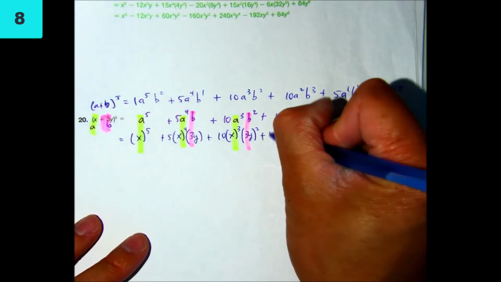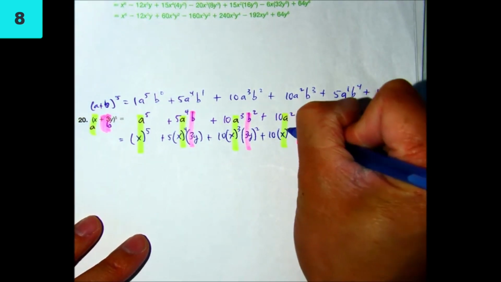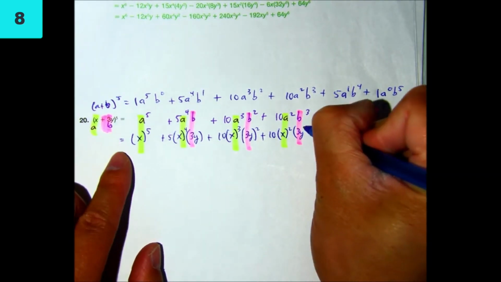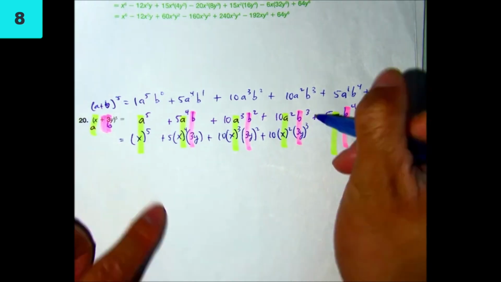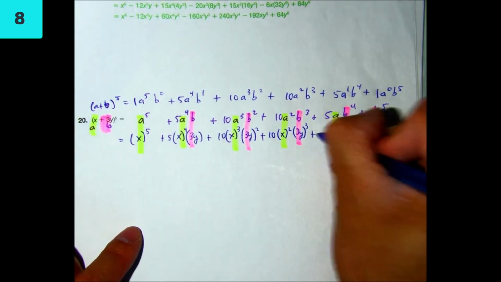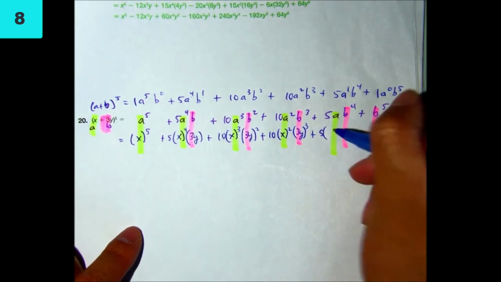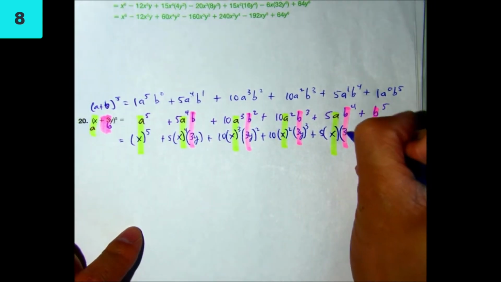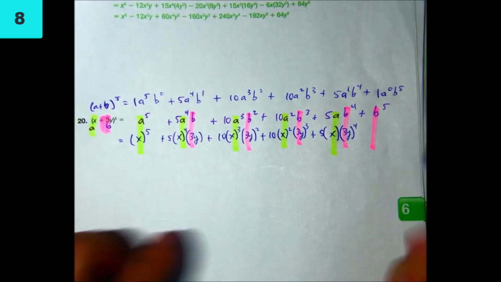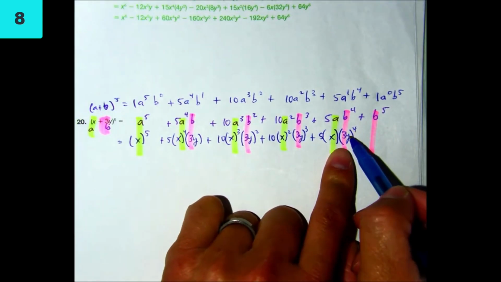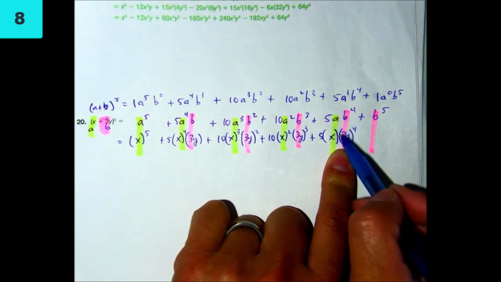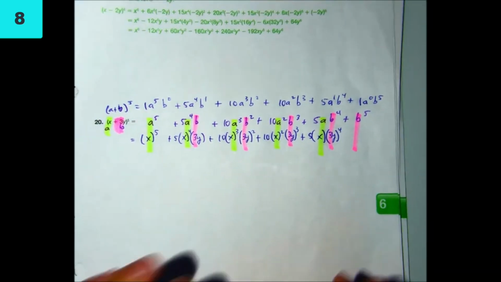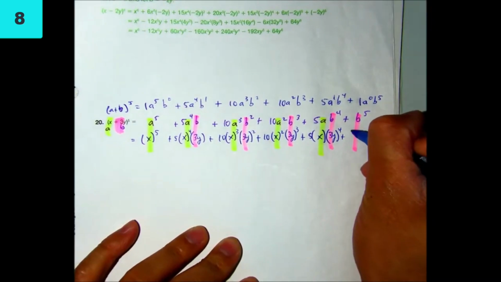Plus 10 times x squared. My b value is 3y. Logan, wake up. Times 5 times x, 3y to the 4th power. Notice my 4th power is here on the outside because the b value is 3y. And then lastly, 3y to the 5th power.